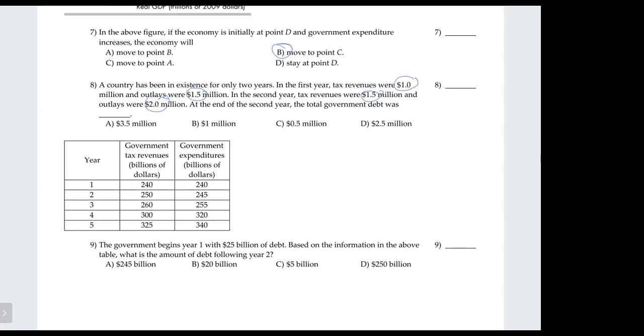Total expenditure is 1.5 plus 2, and the tax they can collect is 1 plus 1.5. So hence the answer is B. Okay, and here we simplify. We just ignore the interest rate. Just assume interest rate is 0.